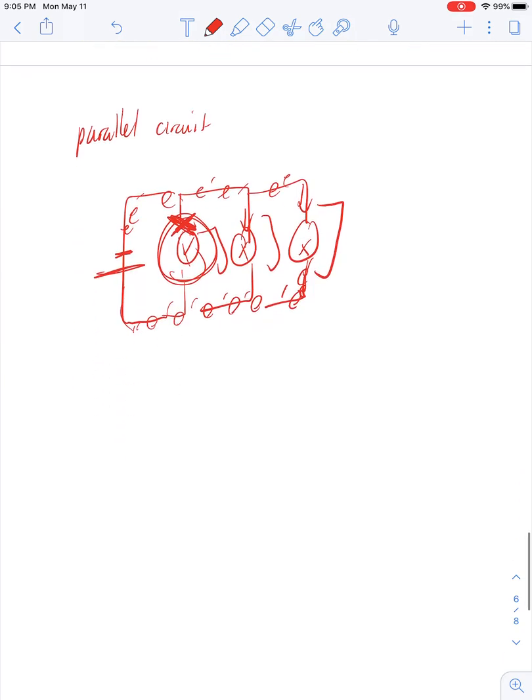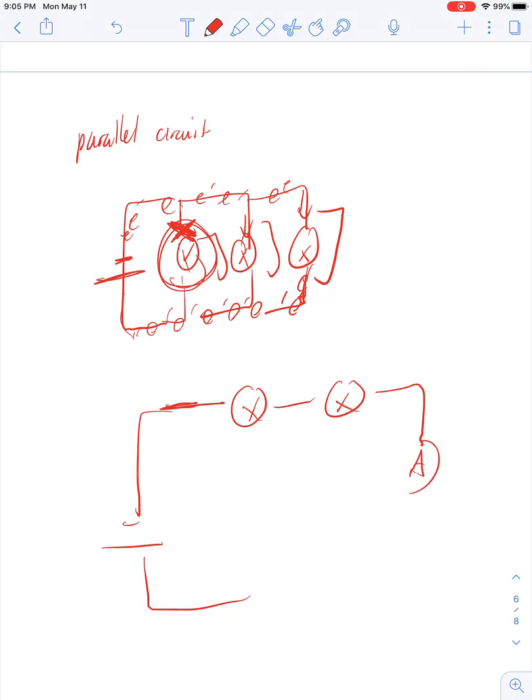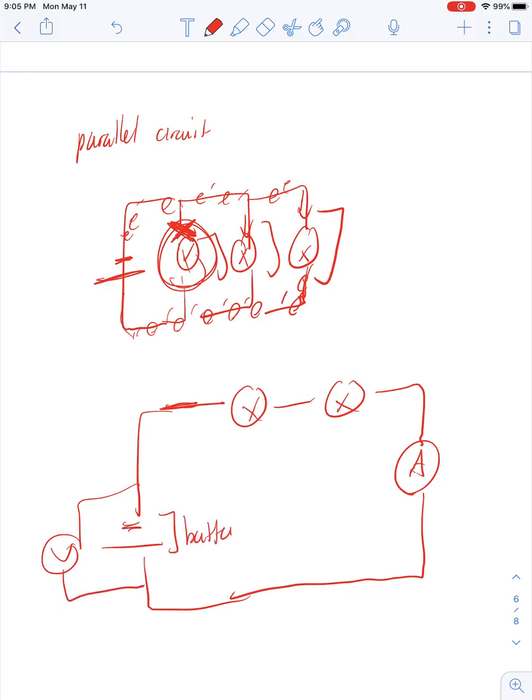Now I'm going to draw another circuit because there's some stuff that you need to know about circuits. Here's the battery. Here's a resistor. Here's another resistor. Here is an ammeter. And here is a voltmeter. So now don't forget, this is the battery, and this is a voltmeter.